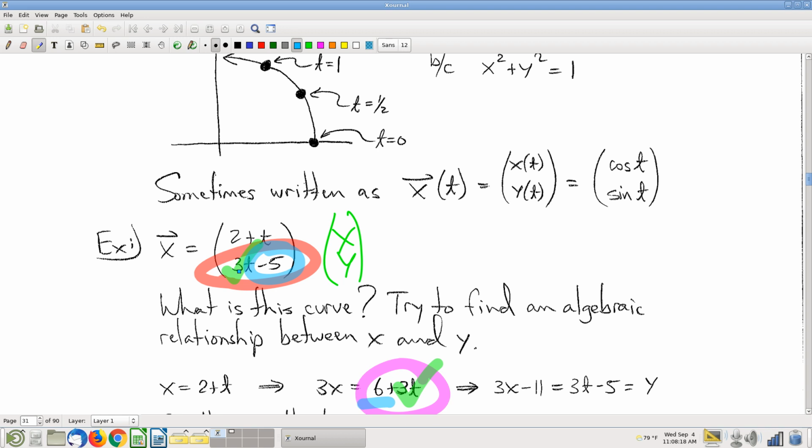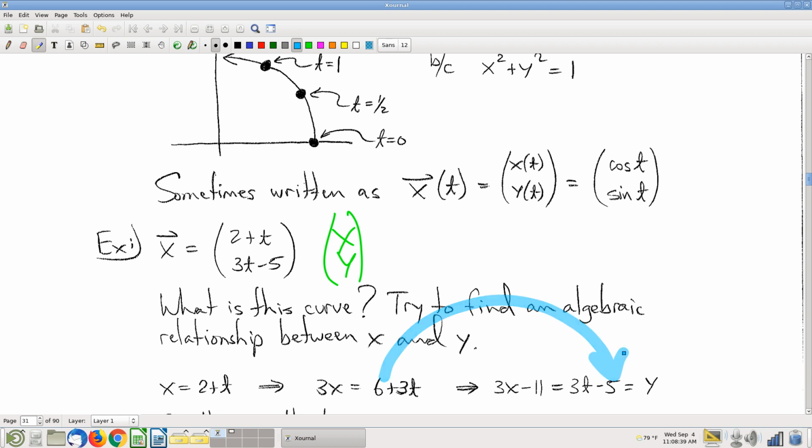What can I do to a 6 to turn it into minus 5? Let's subtract 11. With this observation in mind, fingers crossed, I would like to turn that 6 into minus 5. We subtract 11 from both sides of the equation. Subtracting 11 from both sides turns 3x into 3x minus 11, and as desired, it turns that 6 into a minus 5.